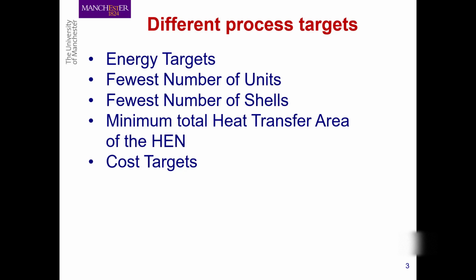In the third targeting procedure, we find out the fewest number of shells in the heat exchanger network. That means it will tell us how many shells will be present in the total heat exchanger network.